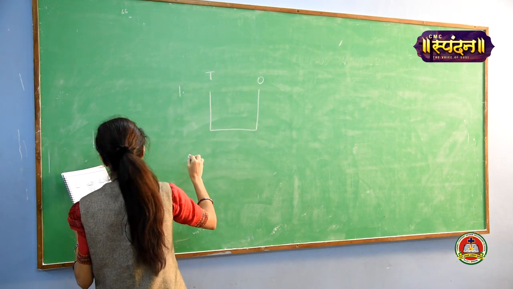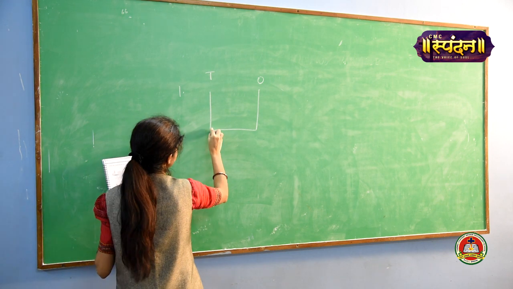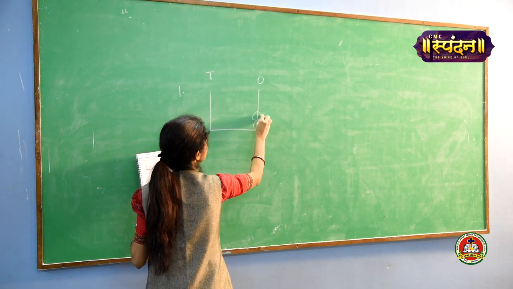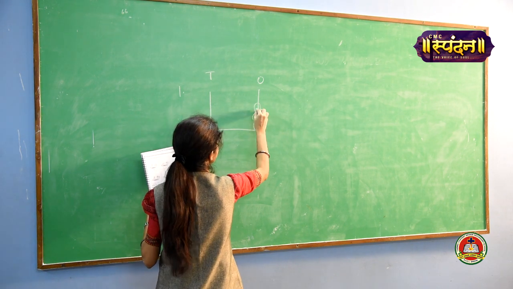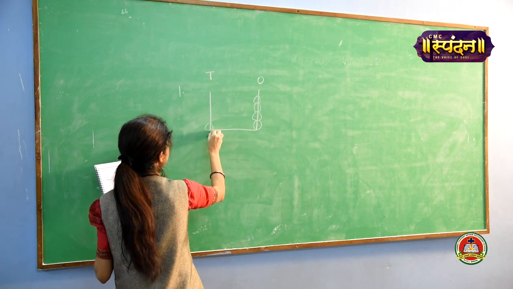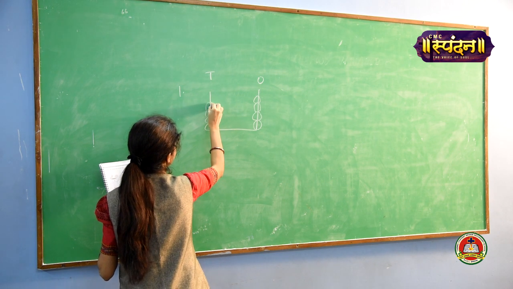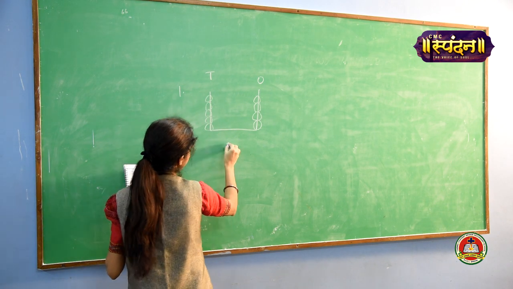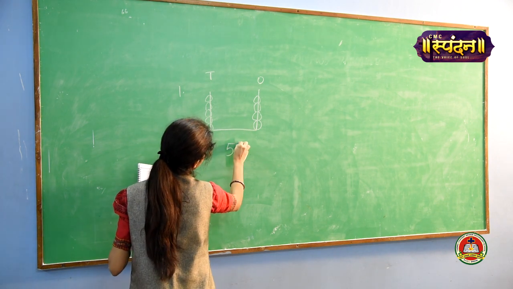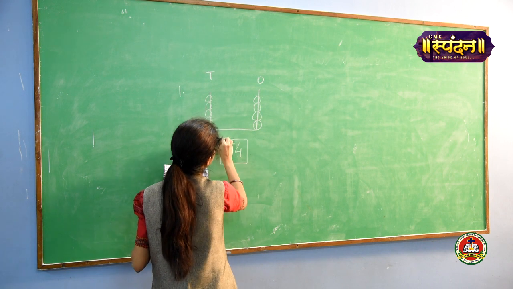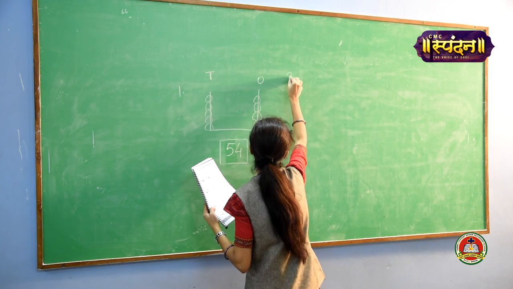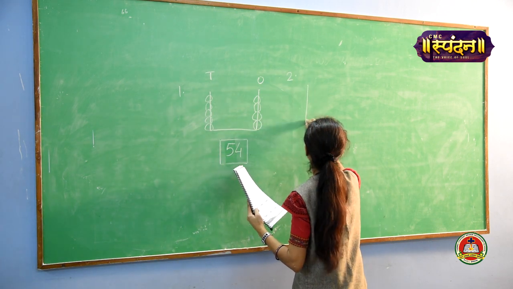They have given the beads over there, we can call them beads. 1, 2, 3, 4, and this is 1, 2, 3, 4, 5, and they will give you the number 54, and then we have to draw the beads on the abacus. Now coming to number 2, they have given us a spike abacus.